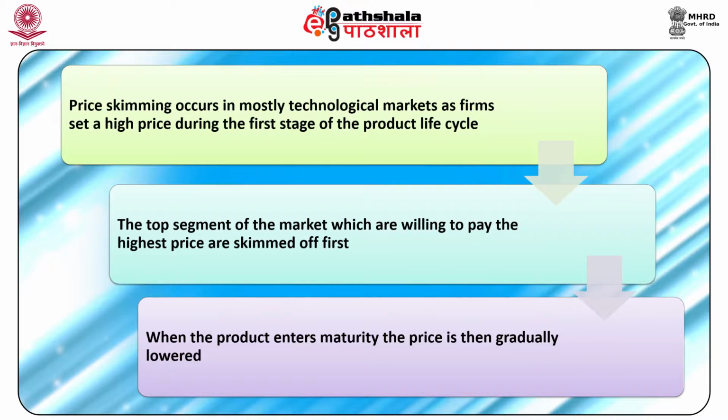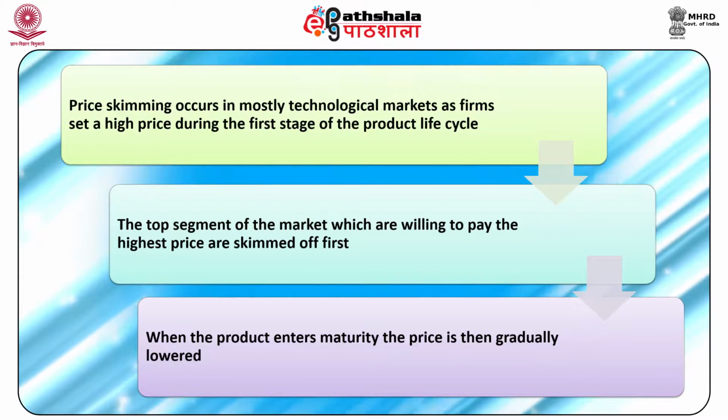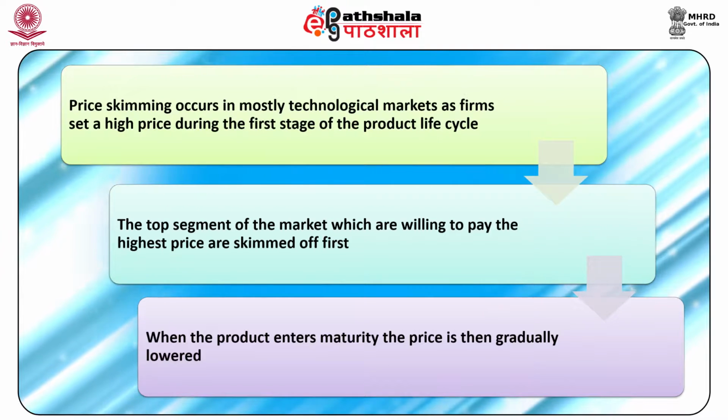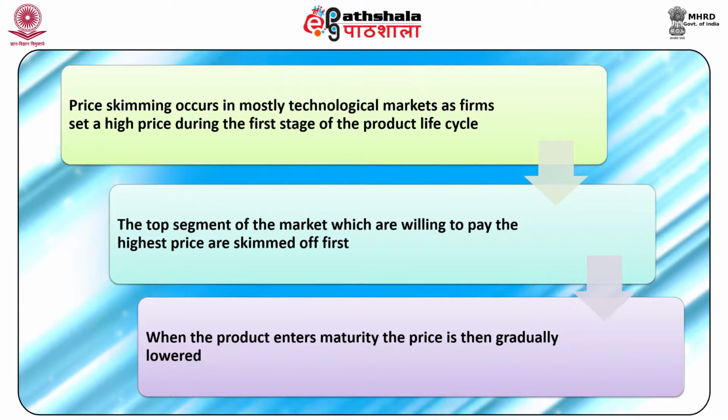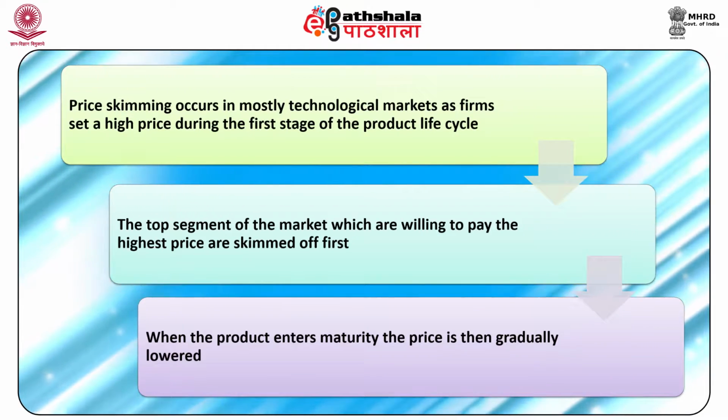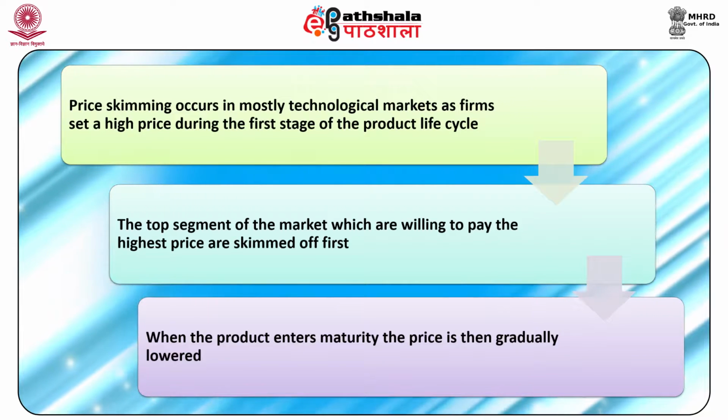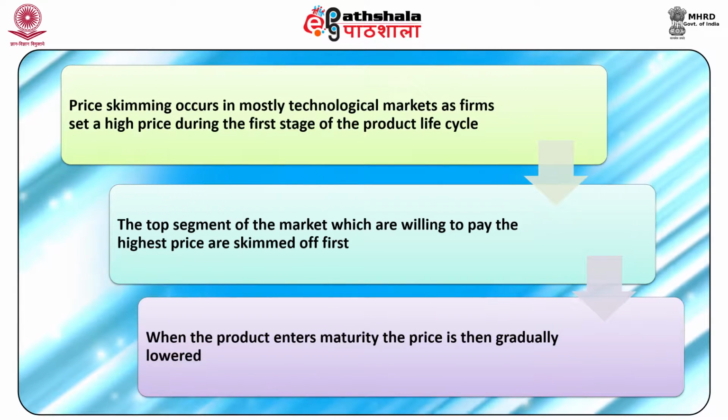So the top segment of the market is willing to pay the highest price, which is skimmed off first. Then the product enters the maturity stage where the price goes down.